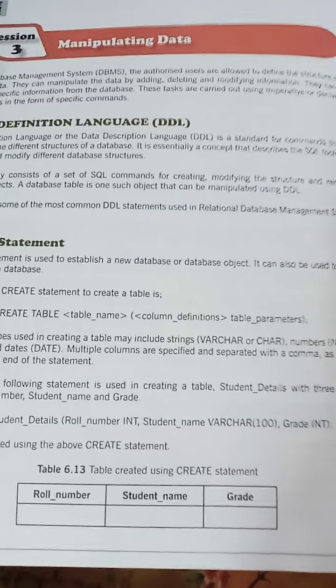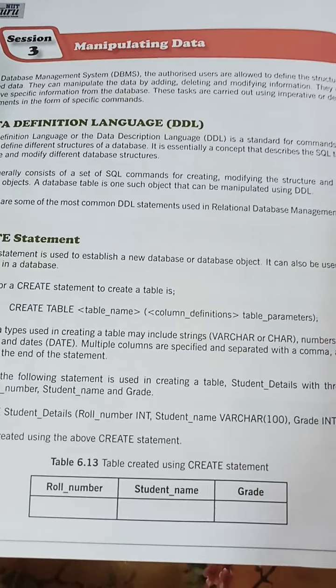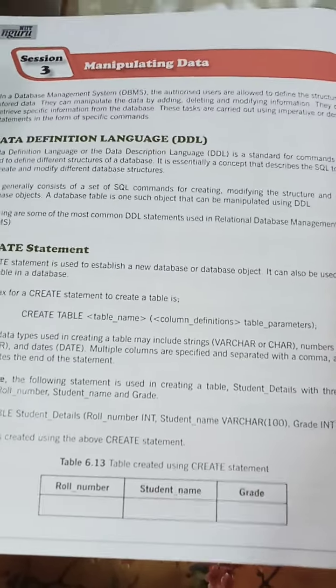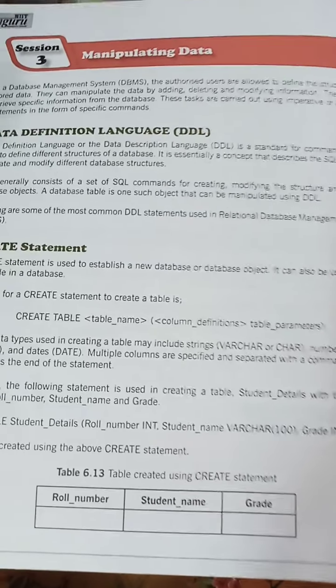How will you create the new table? For that you have to use the syntax CREATE TABLE, and then give the name of the table. Suppose you have created a table named student. Then what will you give? CREATE TABLE student, and then you have to write the column definitions, meaning column headings, like roll number, name, class, section, whatever you want to give.